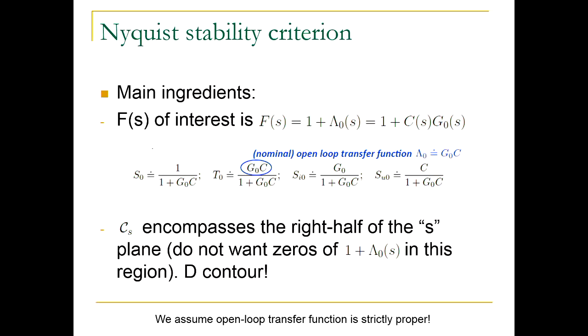So when we do frequency domain design, we will try to shape sensitivity, complementary sensitivity, and other transfer functions by shaping one thing, lambda 0. For instance, when lambda 0 is large, then this is close to 1, because the 1 is negligible compared to that, and this is close to 0.